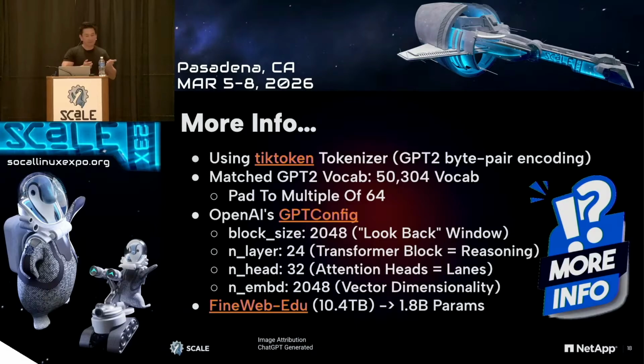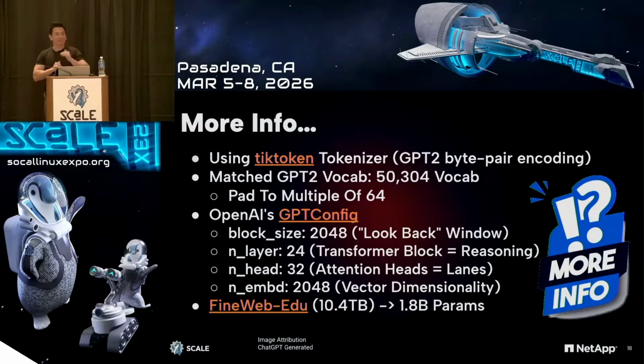And we can also use the GPT config, which is also OpenAI's configuration, with a block size of 2K. So that's our look back window. Our look back window is attention, like how far back can we look for tokens. Then this configuration also defines the number of layers. So this is our transformer block, right? How many things can we run in parallel? The heads, which is how many, so 32 different evaluations of the lanes.